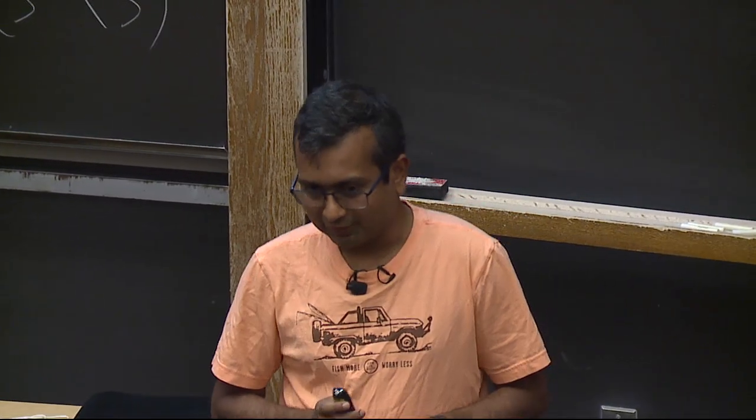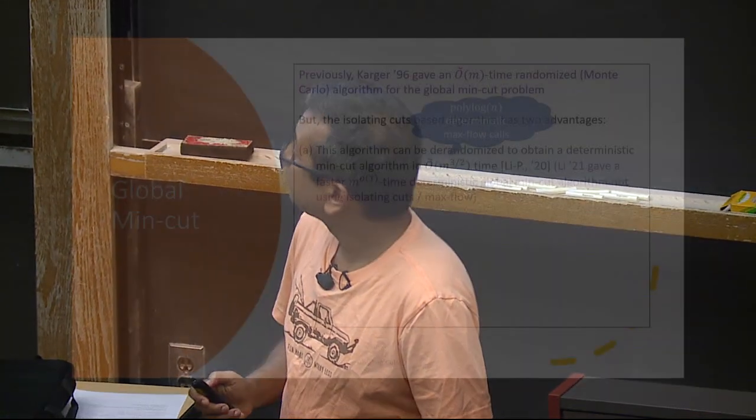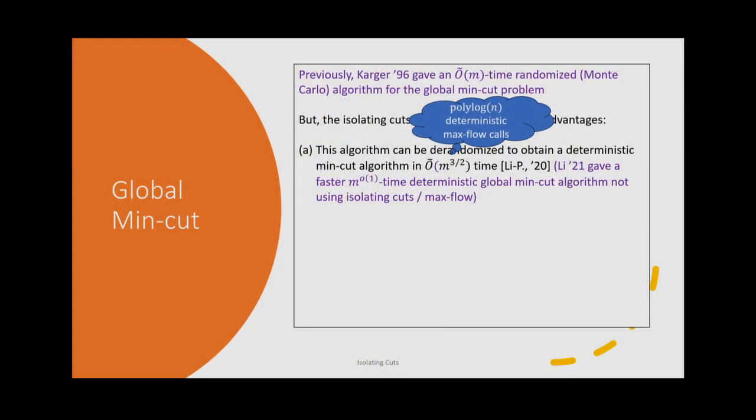But there are a few advantages. The first one, and this is what actually originally made us start working on this problem, is that unlike the previous algorithm, this algorithm that I just described can be de-randomized. So for a very long time, for about 25-30 years, there was a huge gap between the running time of min cut if you allowed randomization, in fact if you allowed Monte Carlo algorithms, versus if you did not allow randomization or even restricted yourself to Las Vegas algorithms.